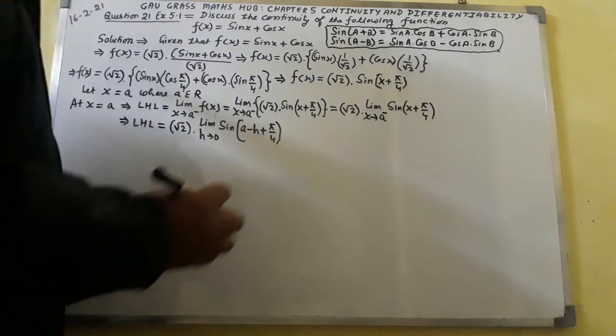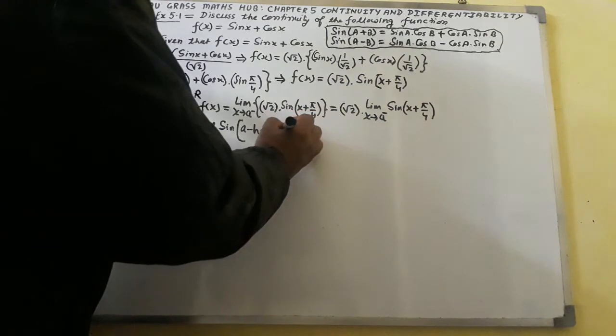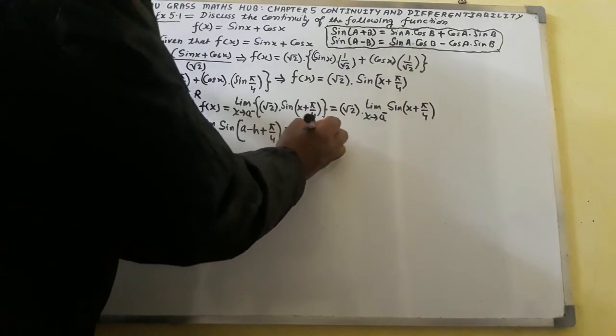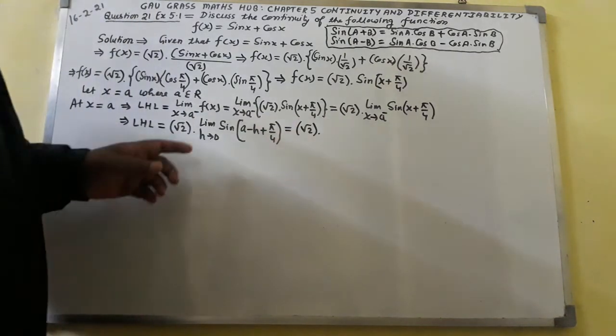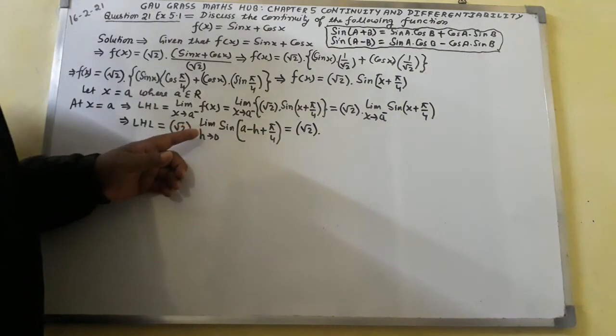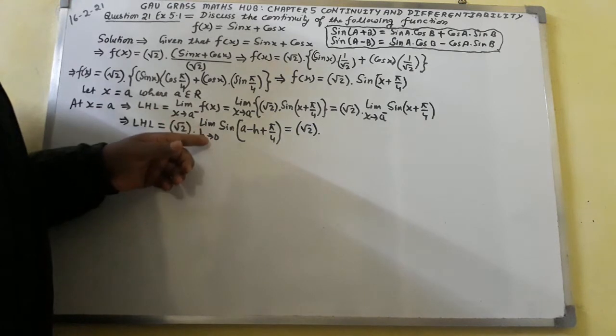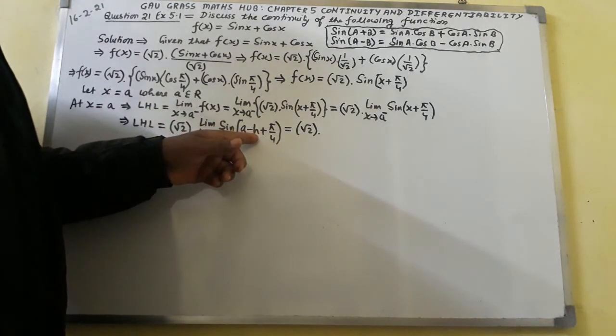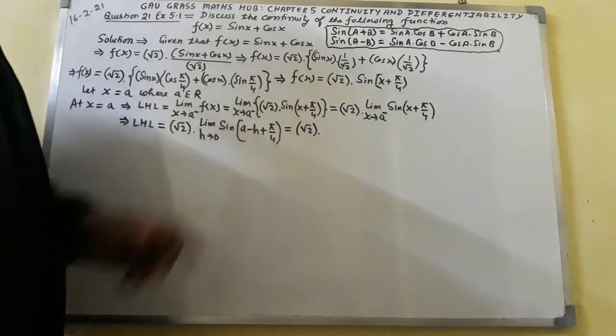Now what will do next? Here I shall write equal to, in bracket under root 2 will be written, and remove lim h tends 0 from here. So here in this function we will put here h equal to 0.